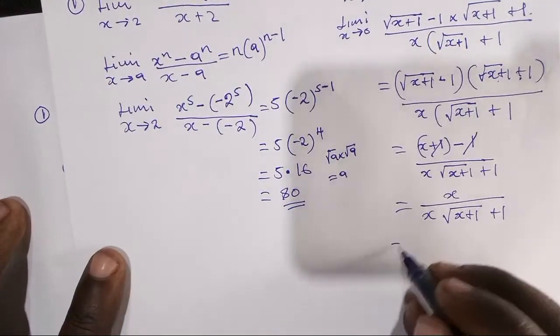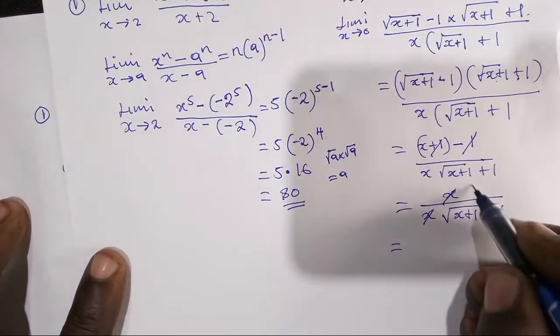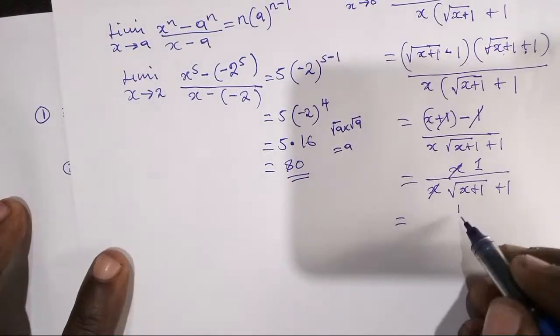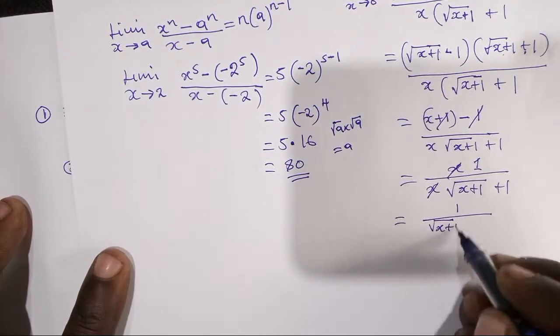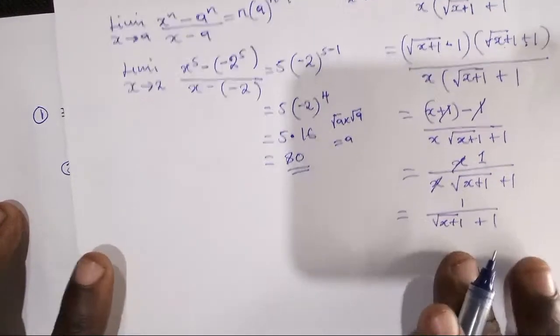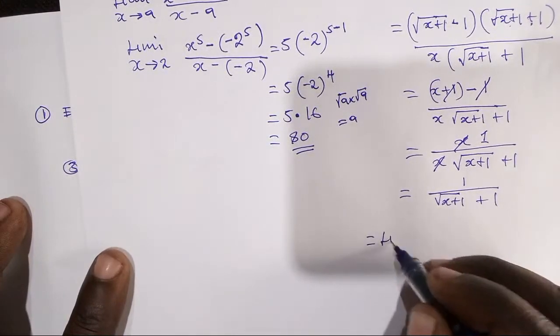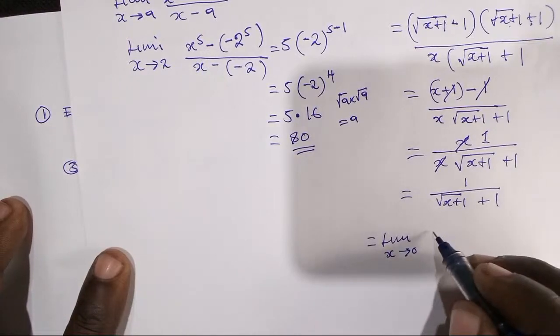Then it will be equal to: x over x, we are going to remain with 1 here. So here we have 1 over (root x plus 1, plus 1). So we have the limit now. We can say as x approaches 0, we are going to substitute now.